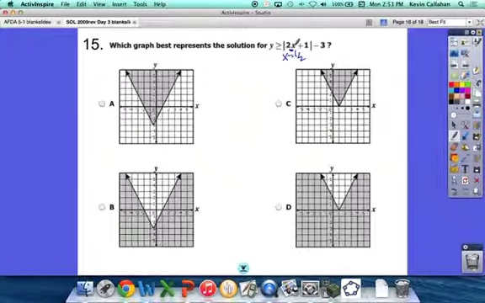So that is actually a shift. You can see it's in between the 0 and the negative 1. But they didn't try to trick you on that part of it anyways. It's clearly shifted down 3. And neither one of these two is shifted down 3. So it had to be this one or this one. And then it was greater than or equal to, which meant that one right there.